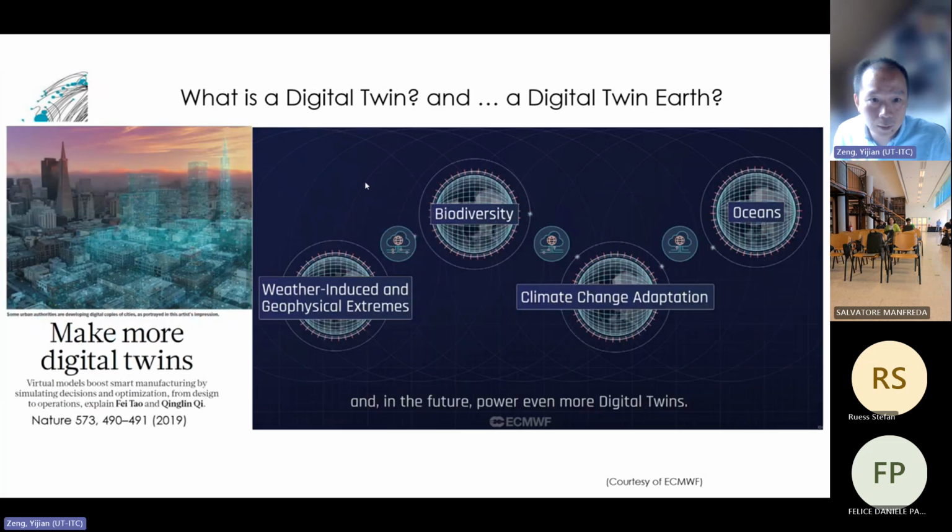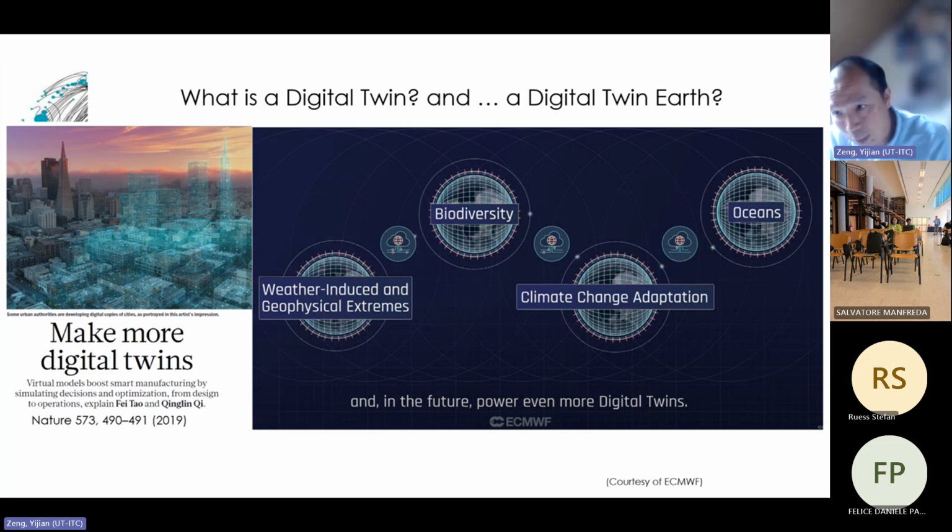If you look at the last slide, people are calling for making more digital twins. Although we have one Earth, you can have many digital twins of Earth for different perspectives. For example, you can have a digital twin on weather-induced and geophysical extremes. You can also have a digital twin on climate change adaptation, because it depends on which part of the Earth system you are simulating. And then you can also have a digital twin for biodiversity and a digital twin for oceans.